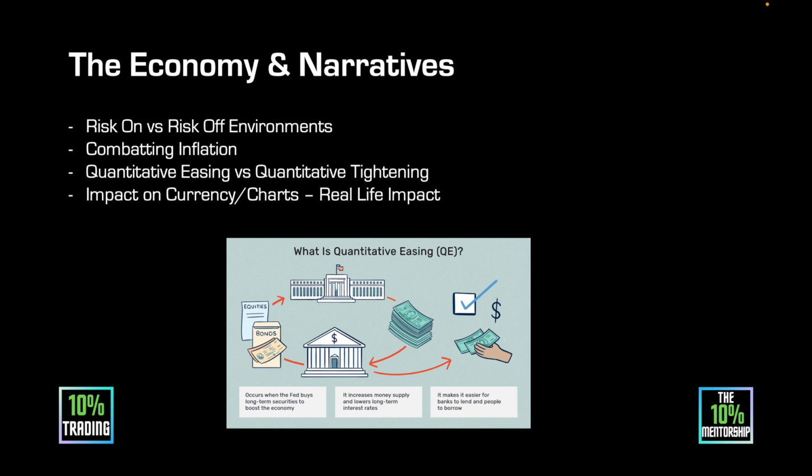Now, quantitative tightening, which is essentially what we're heading towards, or doing something called tapering, which is trying to reduce inflation. What's happening in that process is we're hiking the interest rates, and we're reducing the supply of the dollar in the economy.